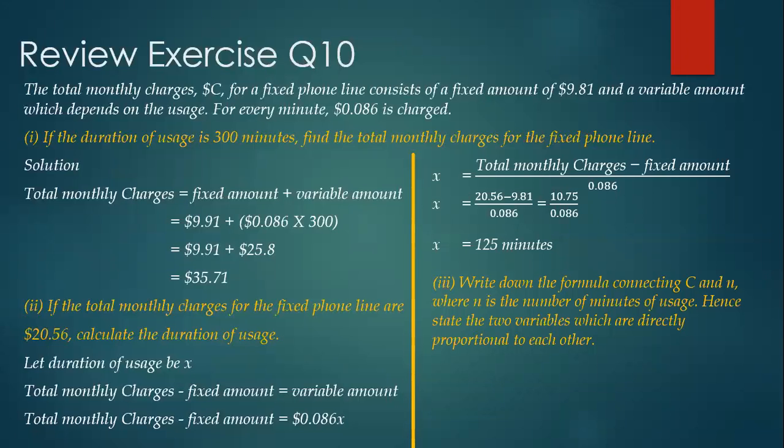Last thing, we have to make a formula that will connect C and N. Now C is basically the total monthly charges, and N is the number of minutes in usage. So we are going to use the same equation, and we are going to replace total monthly charge with C, and where we wrote X, we will call it N this time.